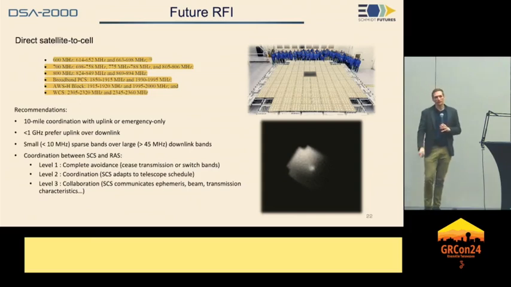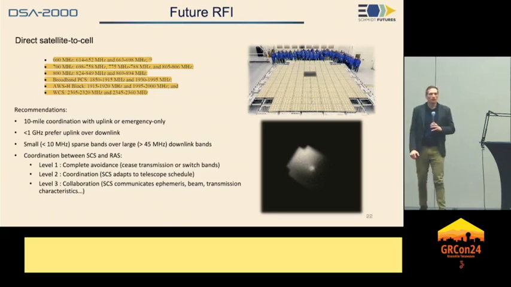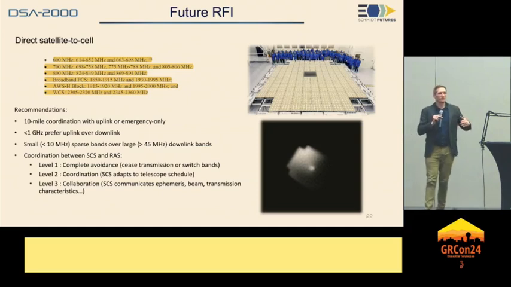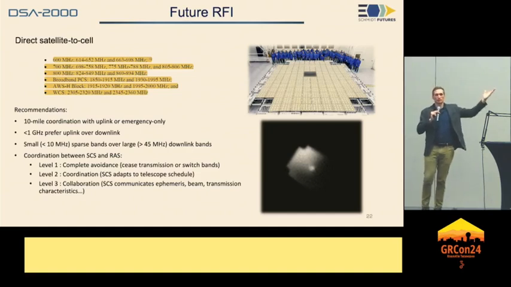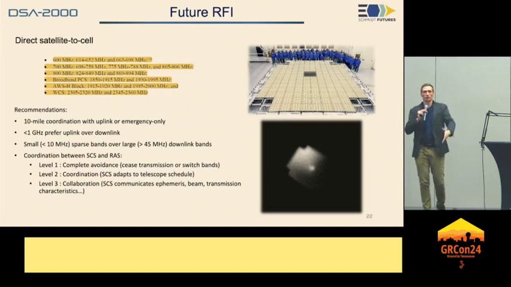In fact, talking about satellites, one of the main threats, I don't know if you're aware of that, but earlier this year, the FCC approved the use of direct satellite-to-cell services, right? Which means that frequencies that are currently allocated to cell towers are now potentially being used by satellites to provide cellular service directly from the satellite to your user equipment.